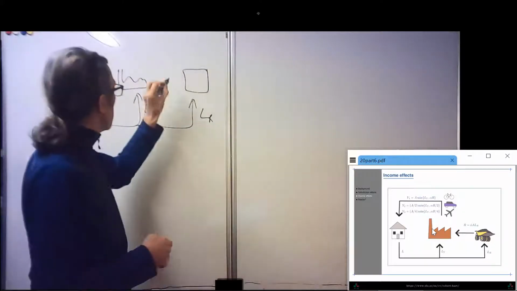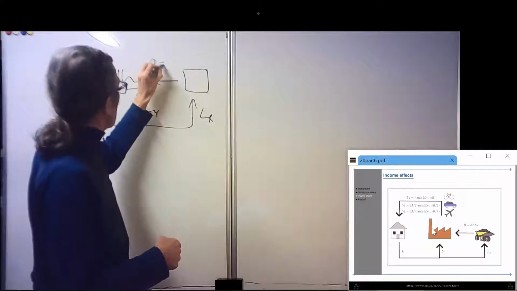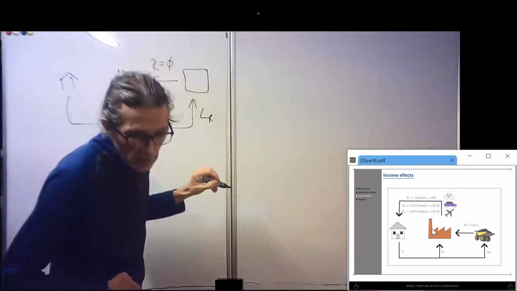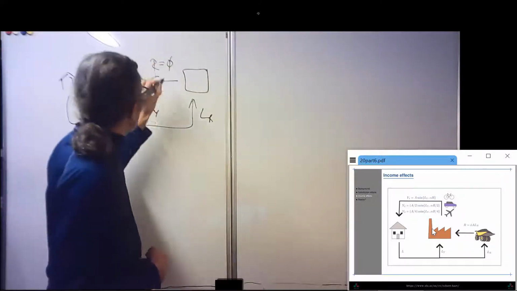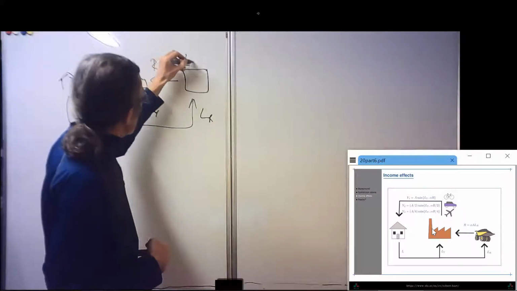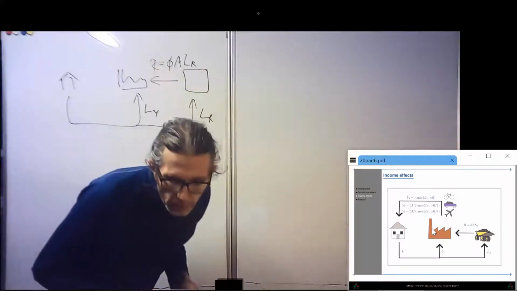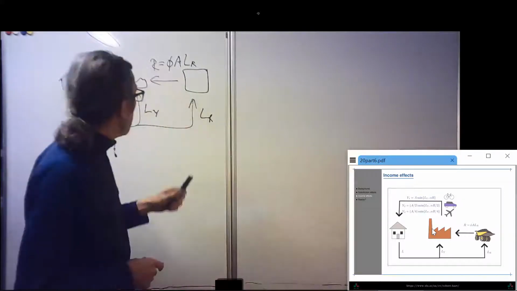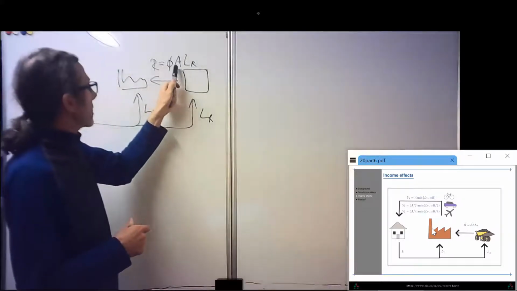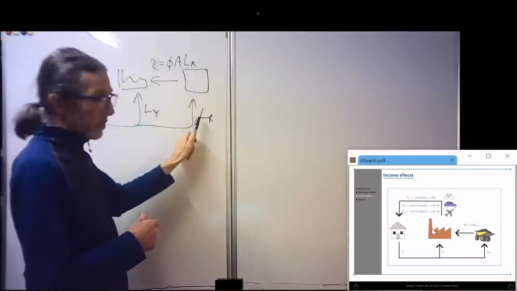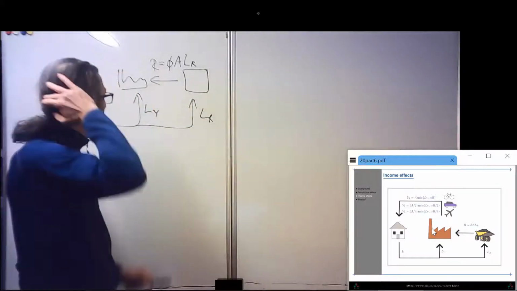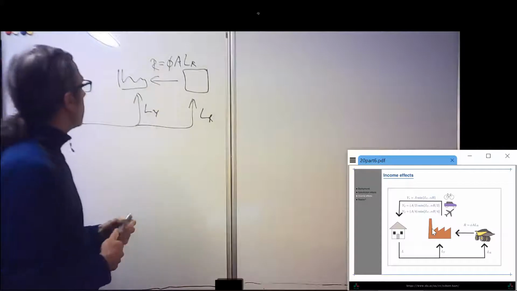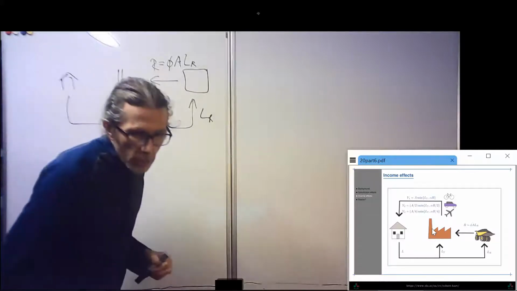And we've got R is phi A LR. Okay, so A here is an overall labor productivity, isn't it? LR is the actual labor input. LY labor input here. And what do we get out?